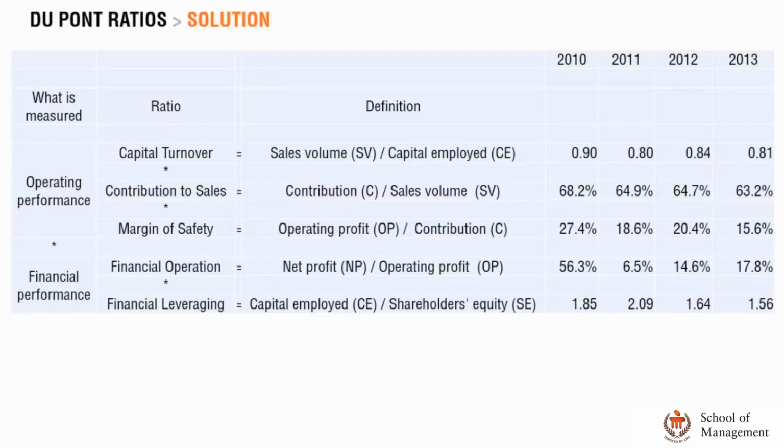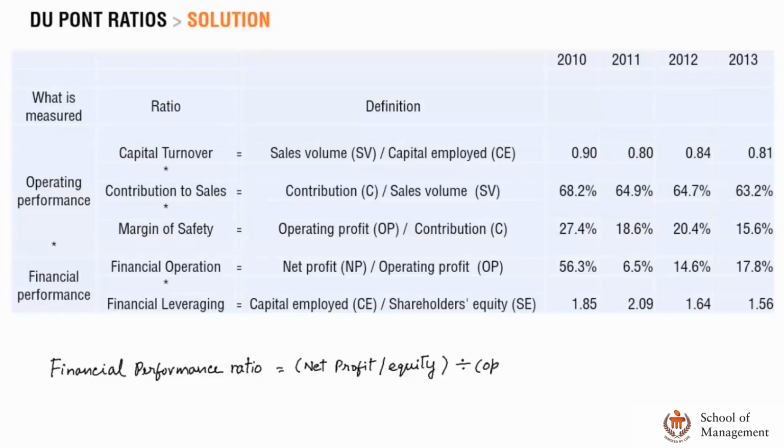The product of the 2 ratios, that is financial operations ratio and financial leveraging ratio, it is called a financial performance ratio, is a multiplier of the operating profit on capital employed to arrive at the net profit on shareholders' equity. This is probably the most important aspect of the ratio analysis of a company.